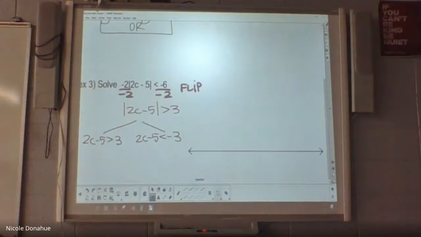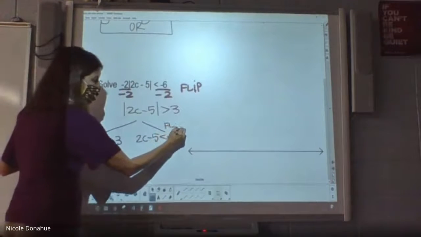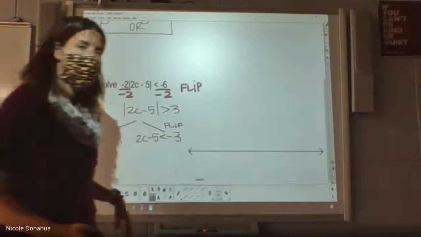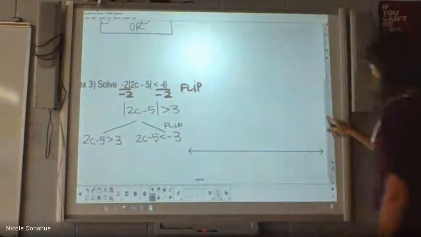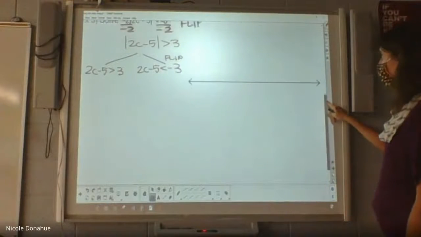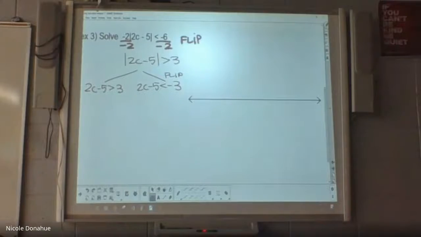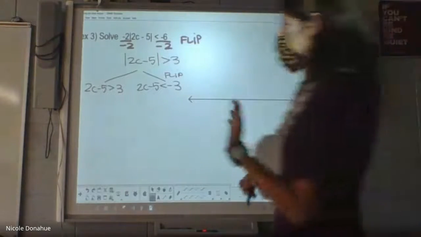So it's greater than 3, but less than -3. So again, we flipped again here. Right. So now we have two inequalities to solve.